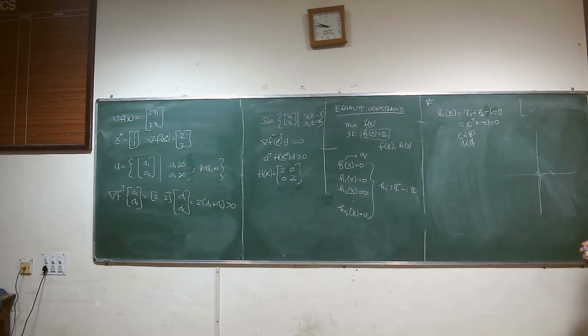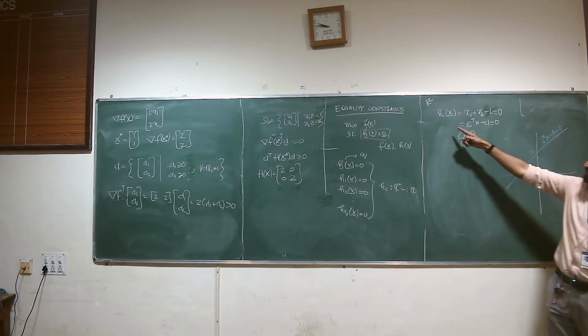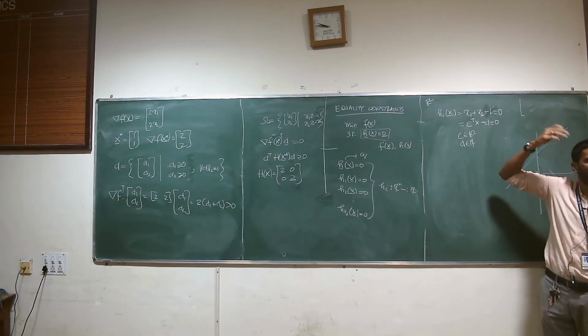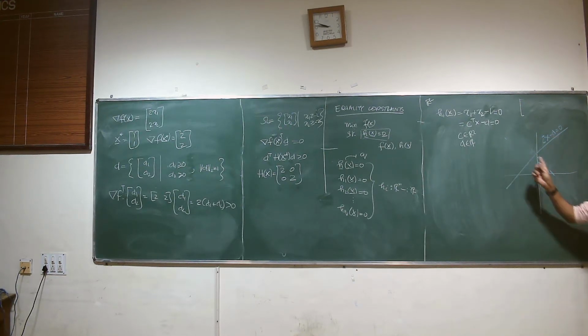That's your C transpose x minus D equals 0. So whenever you see a constraint like this, you immediately know what you're dealing with, at least in R2. In R2 this is a line.